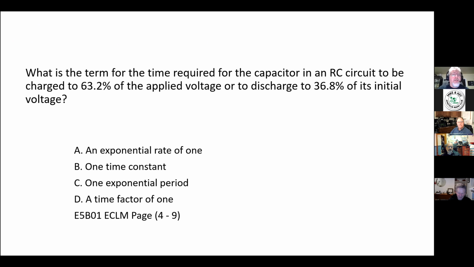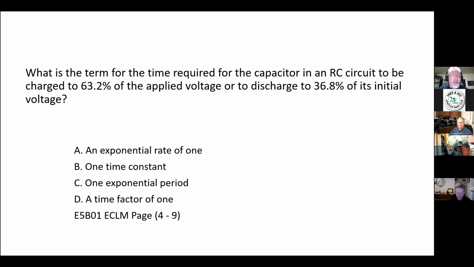What is the term for the time required for the capacitor in an RC circuit to be charged to 63.2% of the applied voltage or to discharge to 36.8% of its initial voltage? A, an exponential rate of 1.